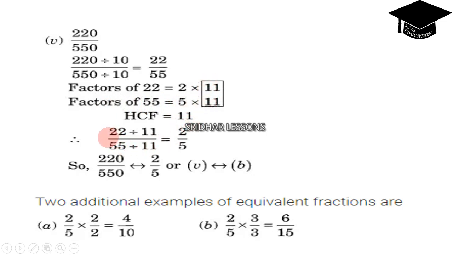So 22 divided by 11 by 55 divided by 11 is equal to 2 by 5. Two additional examples of equivalent fractions are 2 by 5 into 2 by 2 is equal to 4 by 10. And the second one is 2 by 5 into 3 by 3, this is equal to 6 by 15.